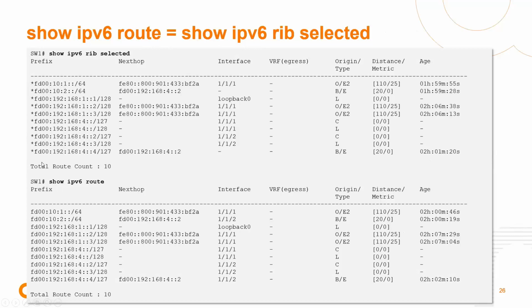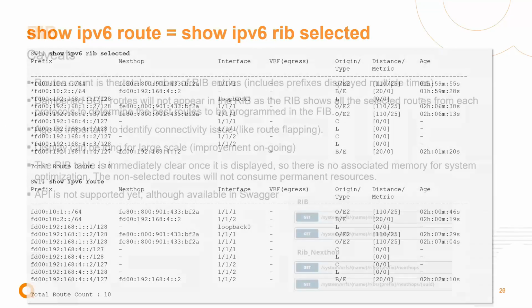There is a corner case where those routes are for destinations behind the VXLAN remote VTEP, where you will see a difference. Next hop for IP route will be the IPv4 tunnel interface, and for the RIB it will be the link local IPv6. But that's a very corner case.